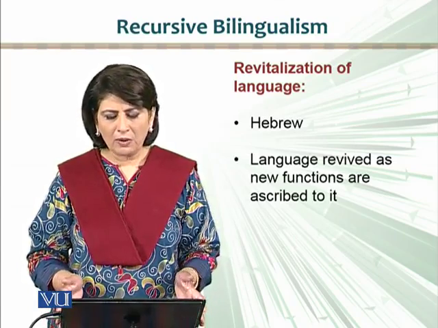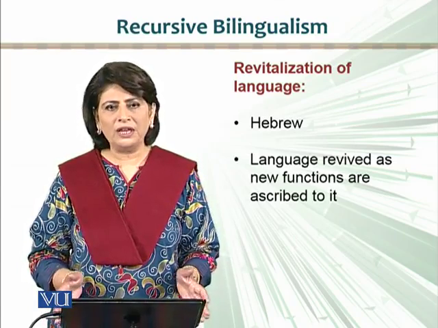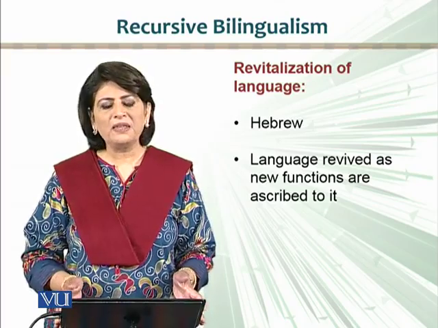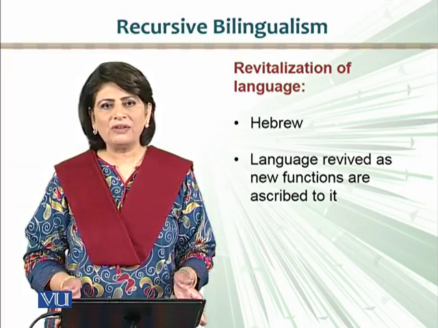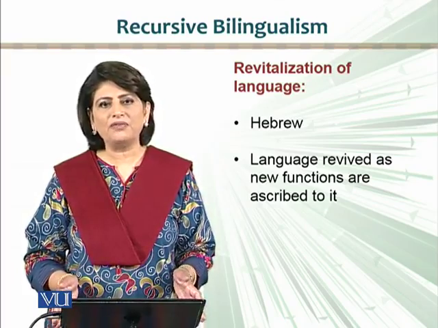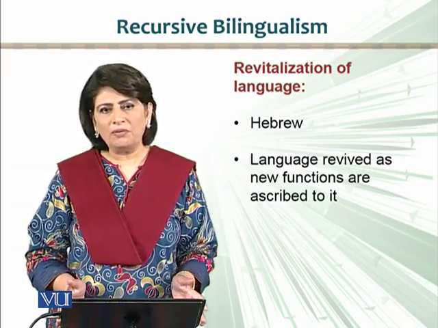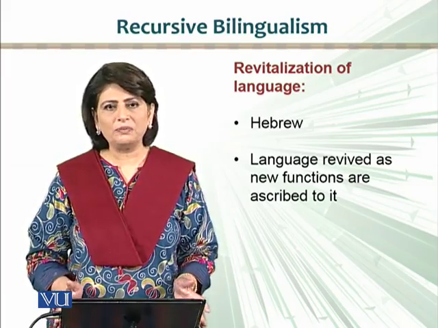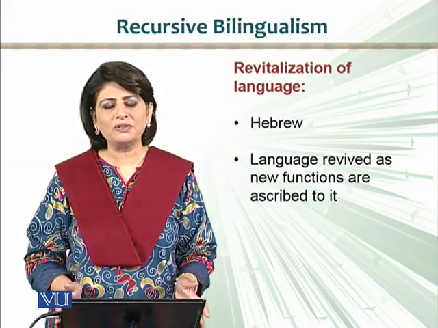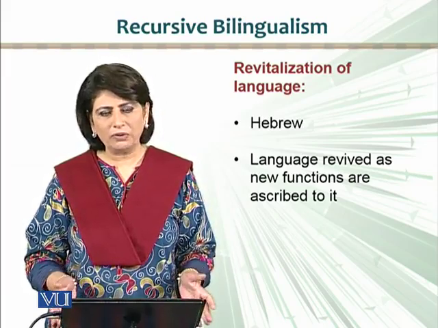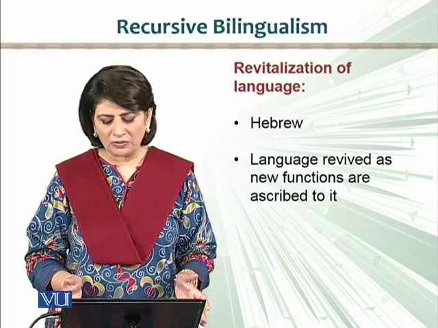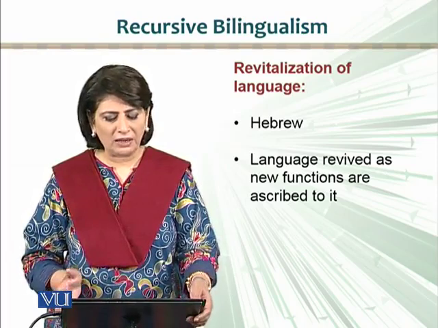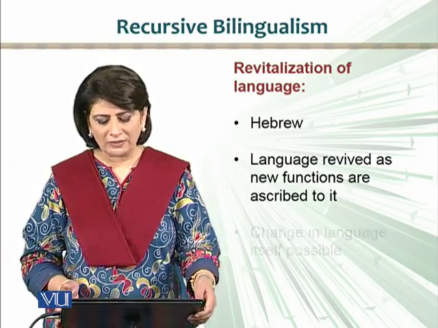And whenever we engage with recursive bilingualism, we need to understand that language is revived by ascribing certain functions to it. So, for instance, coming back to Hebrew, where it was restricted to religious purposes, the functions that Hebrew could perform were expanded, and then the use of the language expanded, and it became gradually revitalized.